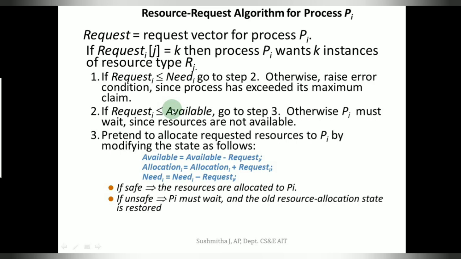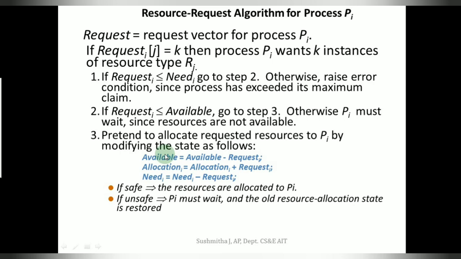If it is greater than the available, probably at that instance of time the resource is not available and the process has to wait for the resources to be available. Now if the request is less than the available as well, then probably we assume that it is allocated.